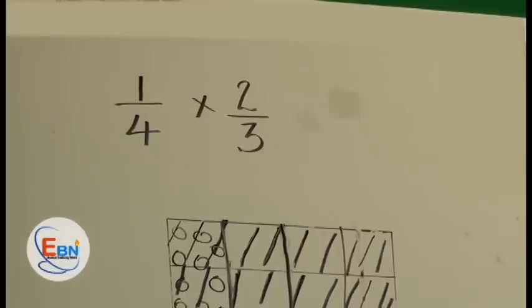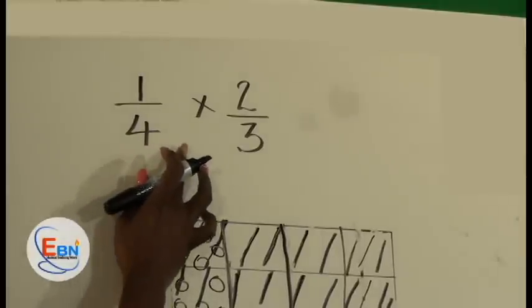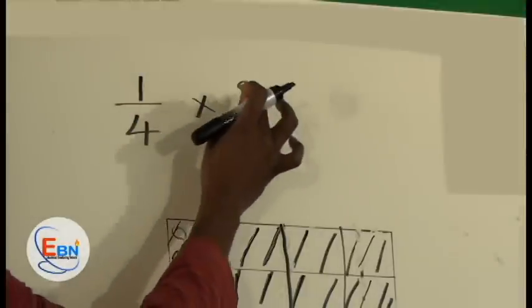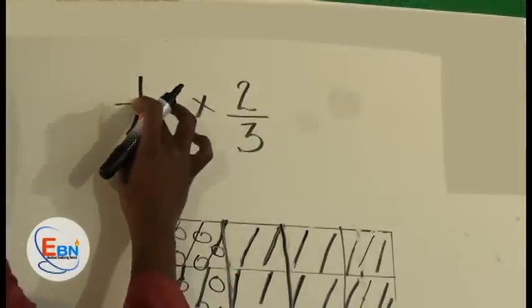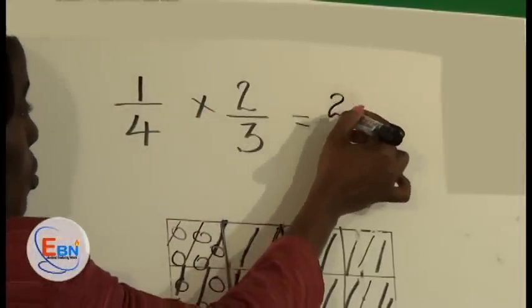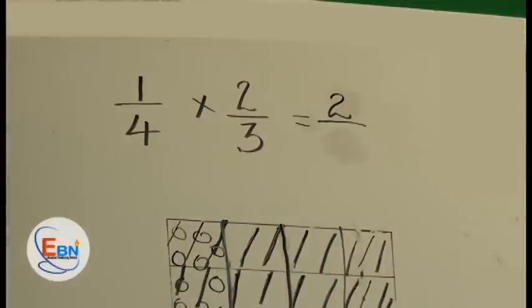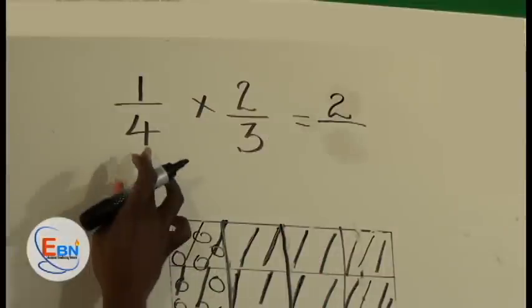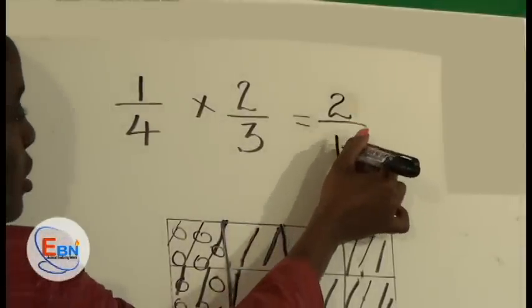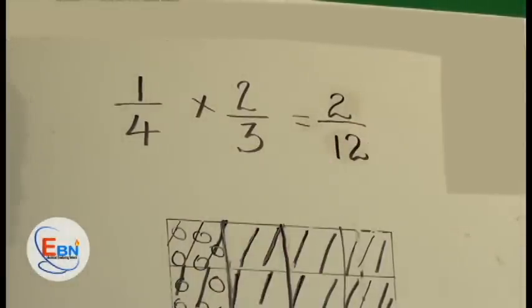Therefore, to multiply a quarter by 2/3, we multiply our numerators. 1 multiplied by 2 equals 2. Then we multiply our denominators. 4 multiplied by 3, which gives us 12.